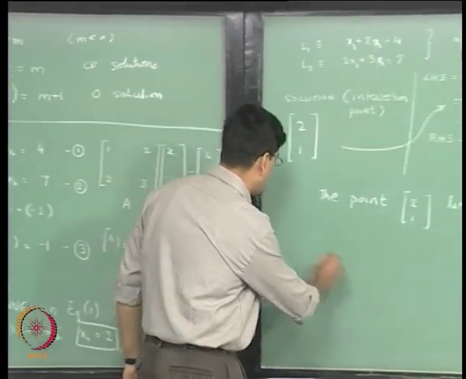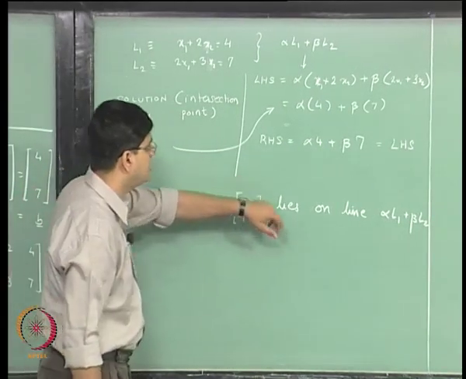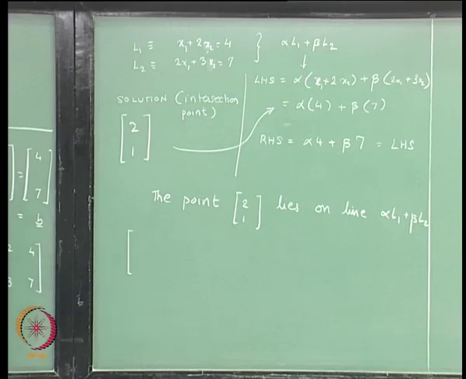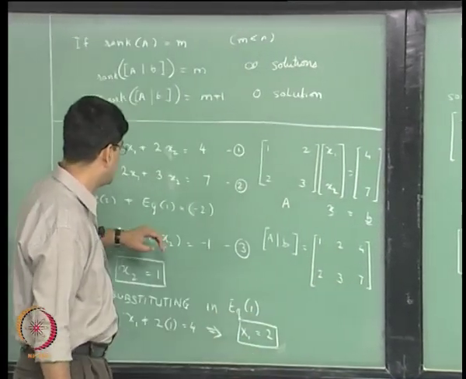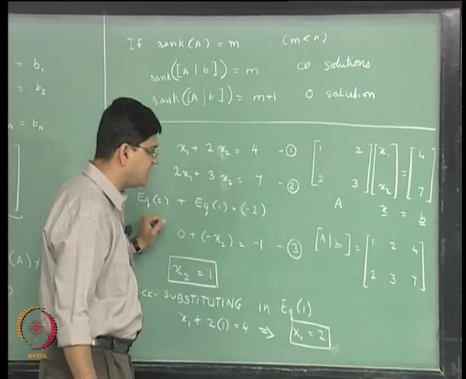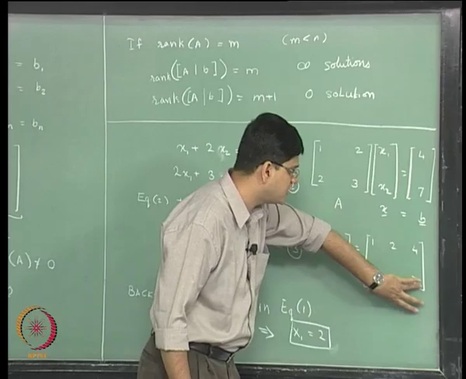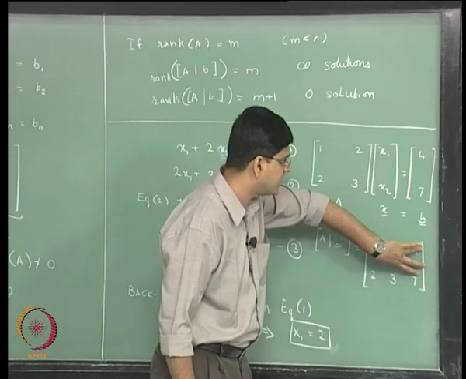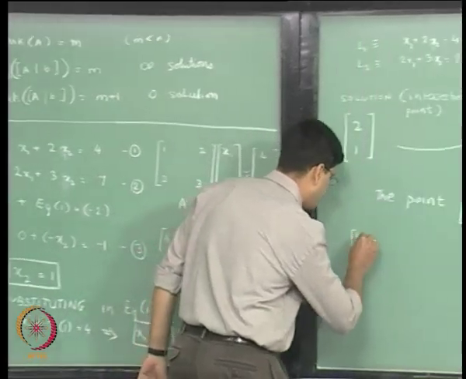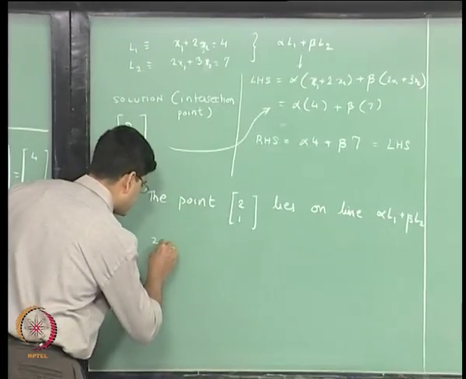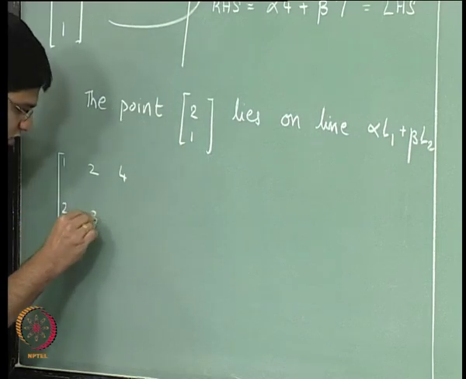So what we did in Gauss elimination is we took the matrix AB over here, okay, and then we subtracted from the second equation 2 times the first equation. So from this particular row we subtracted 2 multiplied by this row. Okay. So the AB matrix we had was 1 2 4 and 2 3 7.